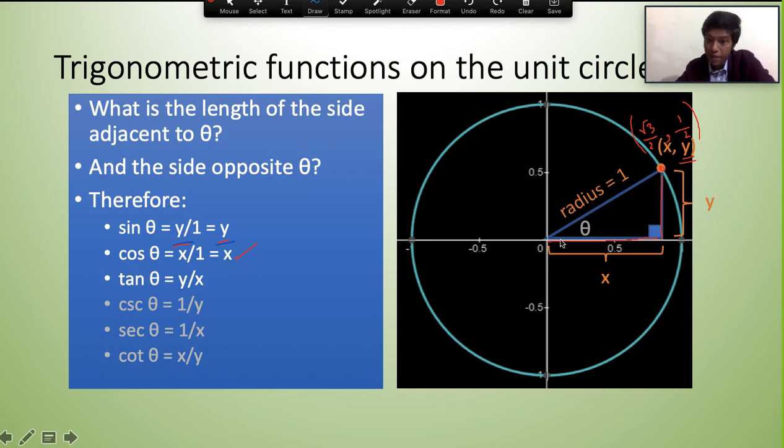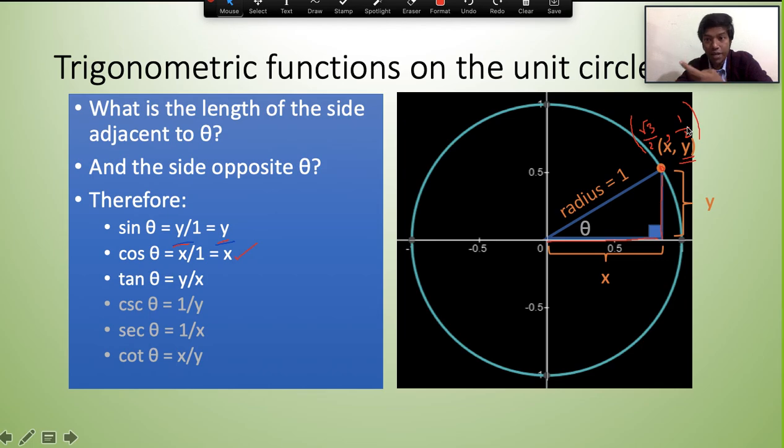Even if you do not know the theta, by using this value you can find it out. We will show you all this application. But this is interesting and useful. If it is a unit circle and you have a point here, the first value represents the cos theta value, the second value represents the sin theta value.